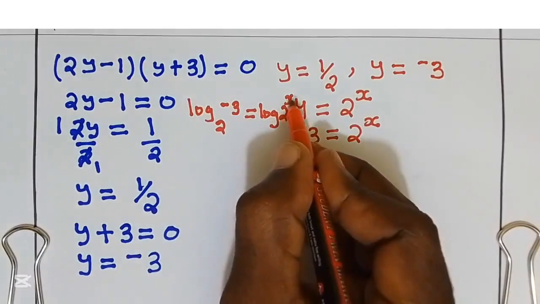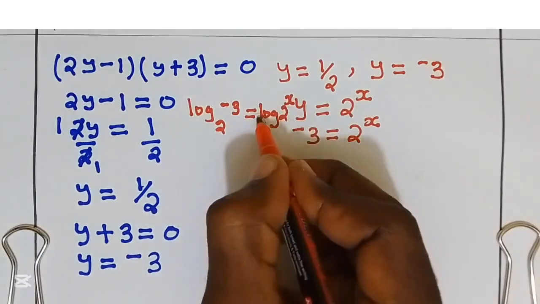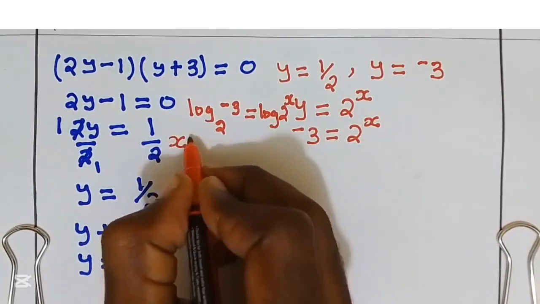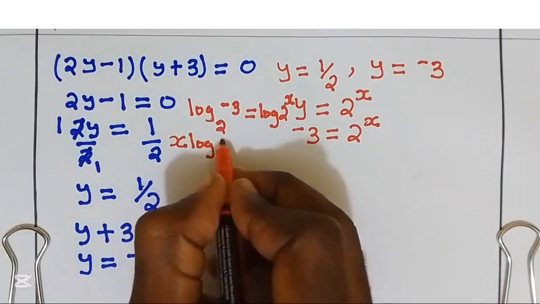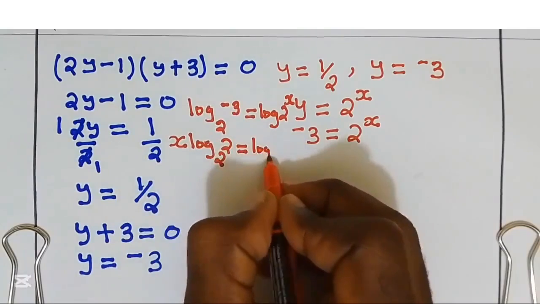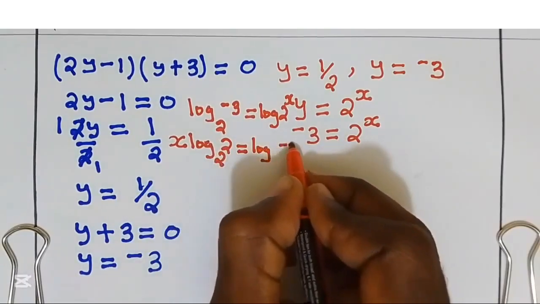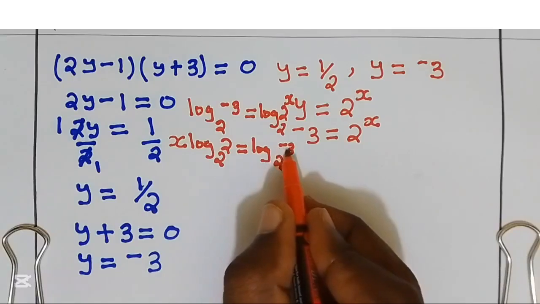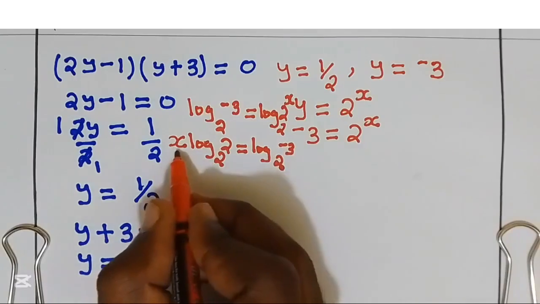I'm going to drop x in front of the log: x log base 2 of 2 equals log base 2 of negative 3. But since we have the log of a negative number here, which is impossible, we are going to omit this solution for x.